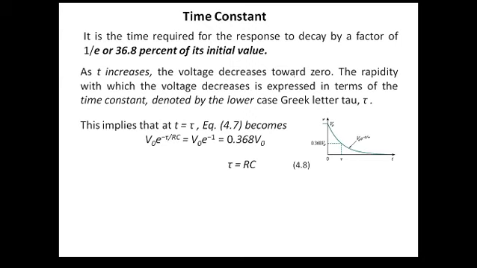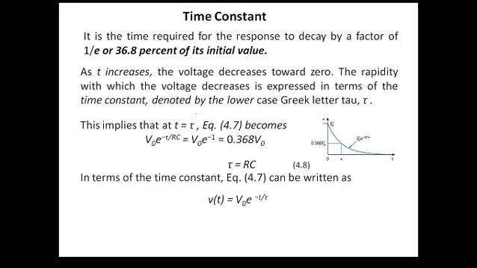From this graph only we got the expression here, the left hand side expression. Therefore tau is equal to RC, where RC is called the time constant for the RC circuit.